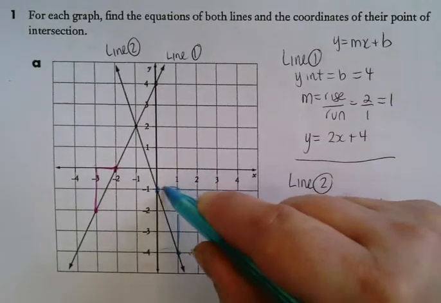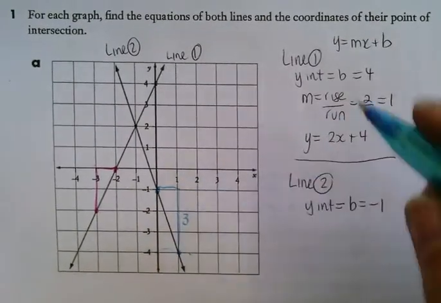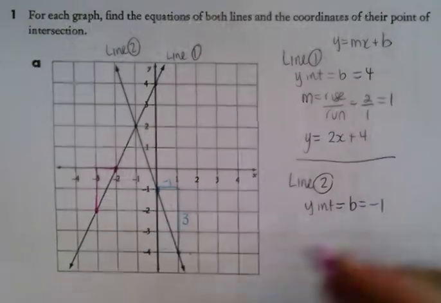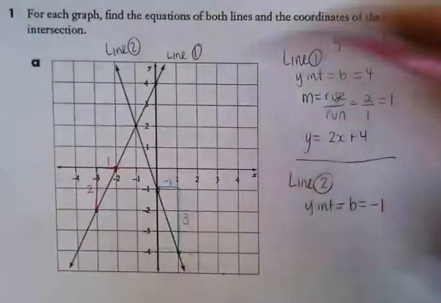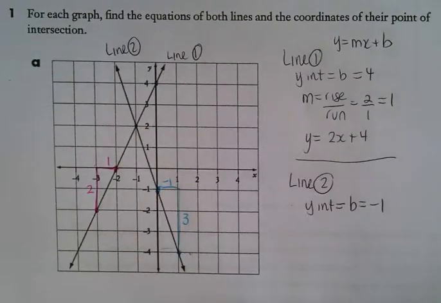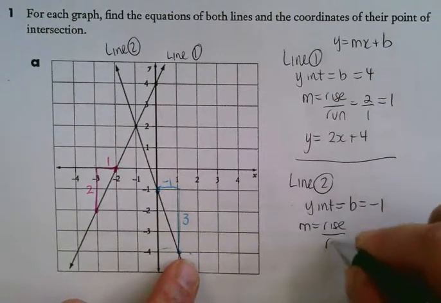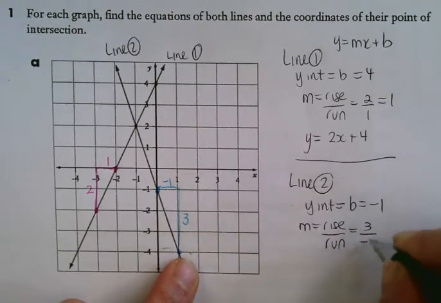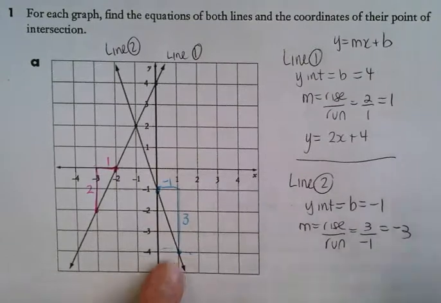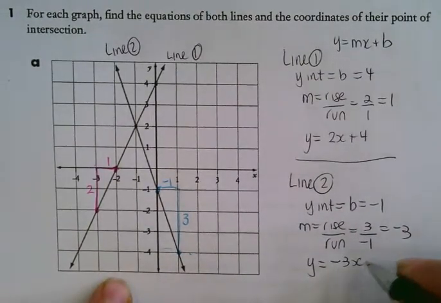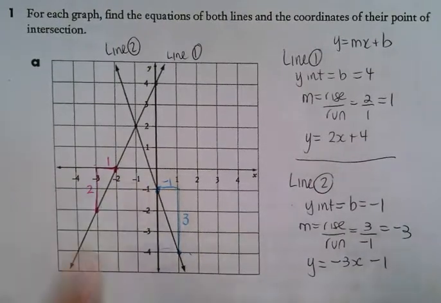Rise 3, run where? Back or forward? Back 1. So line 1 was rise 2, run 1. Line 2 is rise 3, run backwards 1, so the gradient is negative 3. So the equation of line 2 is y equals negative 3x, and the y-intercept is minus 1.